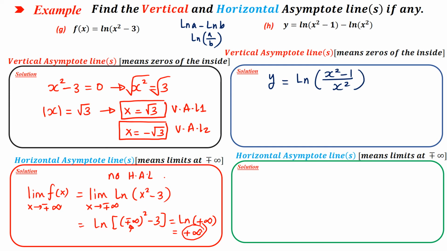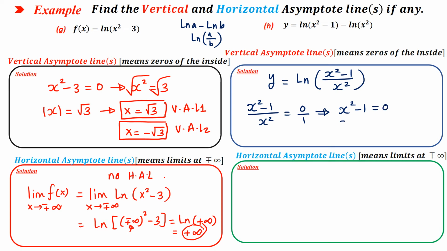Now, as we did in part G, you have to take the function inside the ln, or any logarithmic function, and put it equal to 0. So x squared minus 1 divided by x squared equals 0. 0 we can write as 0 over 1. And by cross multiplying, we have x squared minus 1 times 1 equals 0 times x squared, which is 0.